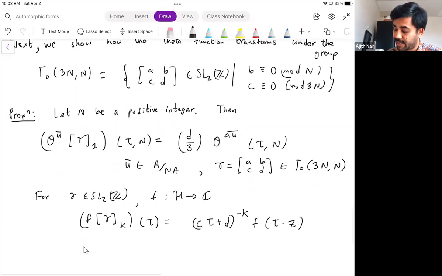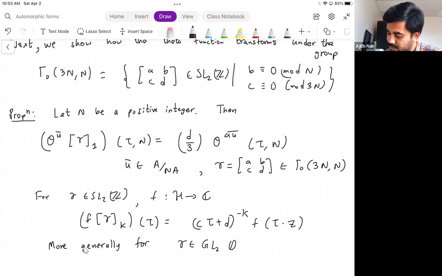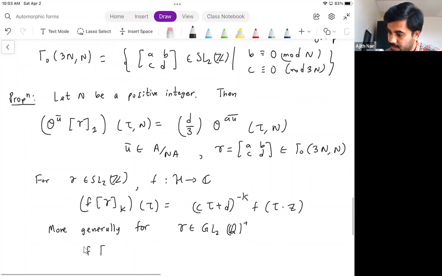So you define this f slash gamma k, and you can also define this more generally for gamma inside GL2Q plus. There we have to stick a determinant factor.